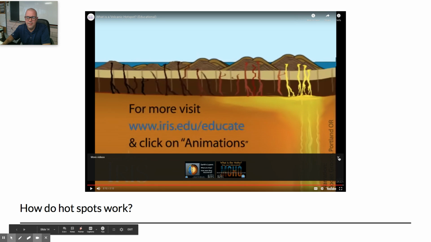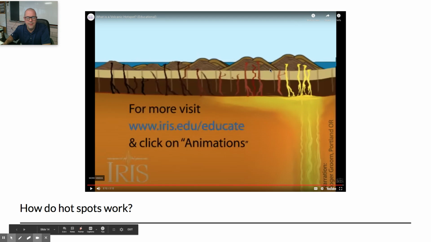All right. So imagine this as the Hawaiian Islands. Okay. We'll take a look at the Hawaiian Islands in Google Earth. We'll take a look probably when we get to shield volcanoes. We'll revisit this hotspot idea. All right.